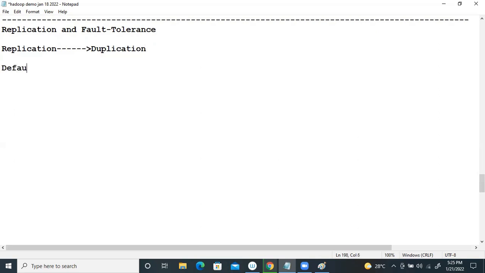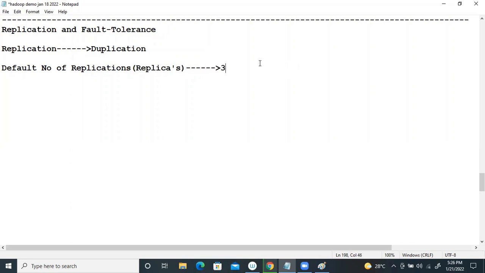Default number of replicas in Hadoop is 3.